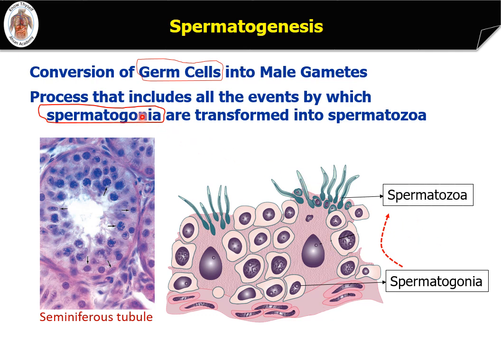Gradually these germ cells mature to form spermatozoa, which is the male gamete. We'll try to understand how this transformation occurs and what events occur during this process.